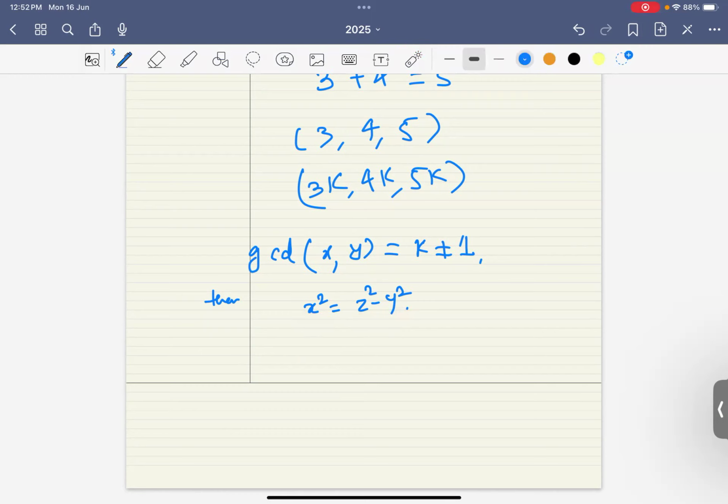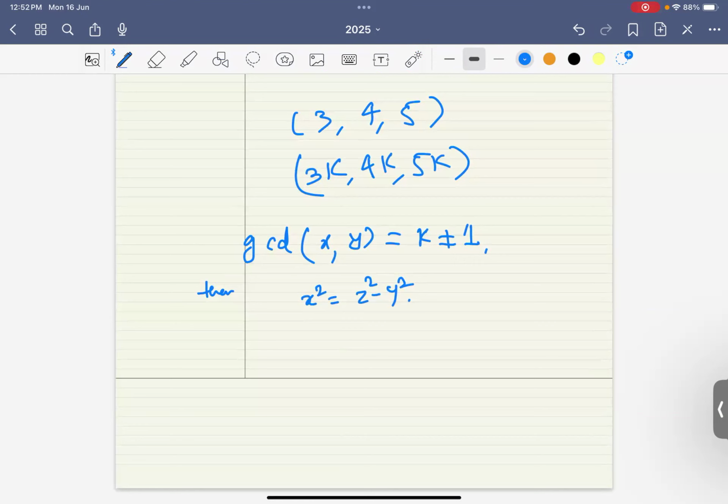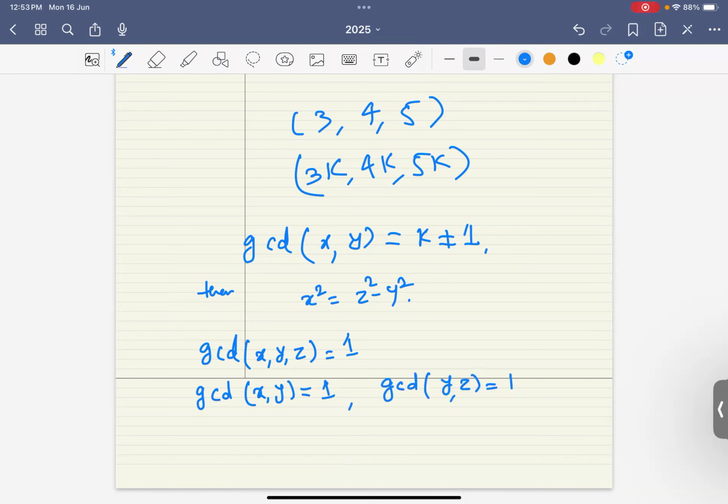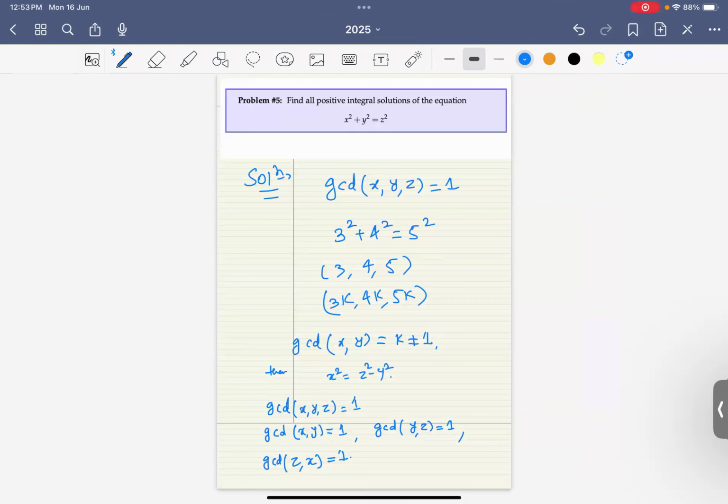So what we assumed was that the GCD of x, y, z is 1, but it eventually turned out that the GCD of x and y must be 1, the GCD of y and z must be 1, and the GCD of z and x must be 1. So that's that. So pairwise GCD is also 1. So any two numbers chosen must be co-prime, right?